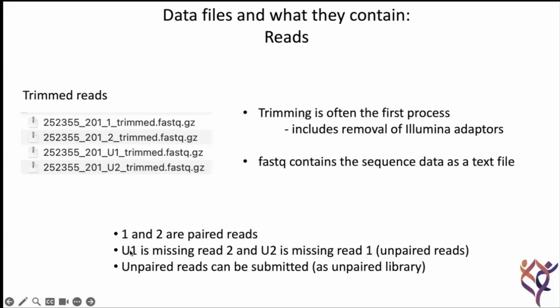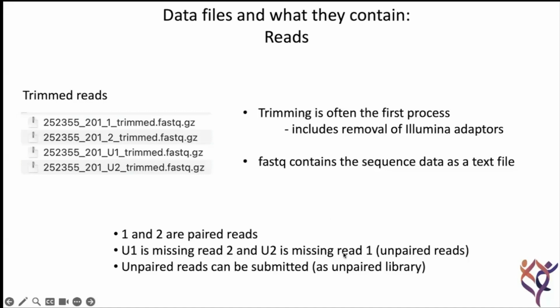So for all the U1 reads, they are missing their complementary second read, and vice versa for U2. So the 1 and the 2 have both reads from both ends within the file, and U1 and U2 only have 1 read, and they are missing the second.